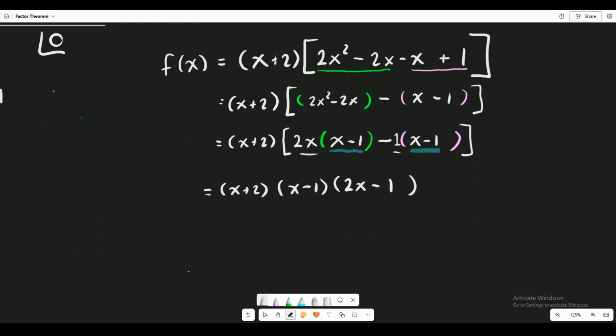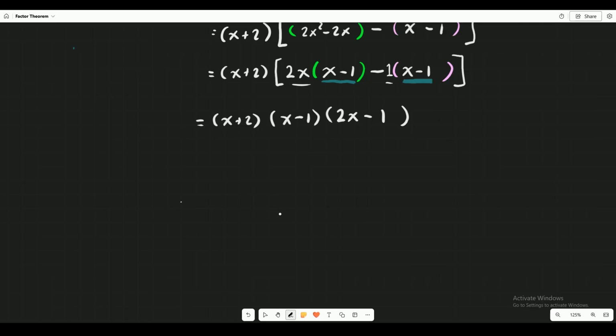Now we can find the remaining zeros. From here, to find the remaining zeros, we set each factor equal to 0. x equals minus 2. From here, just set it equal to 0: x equals 1.